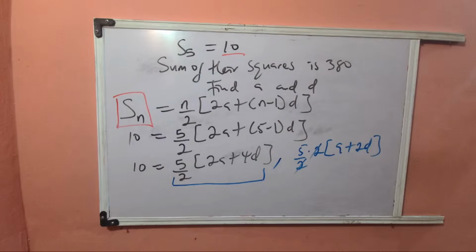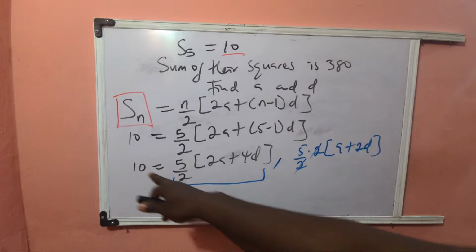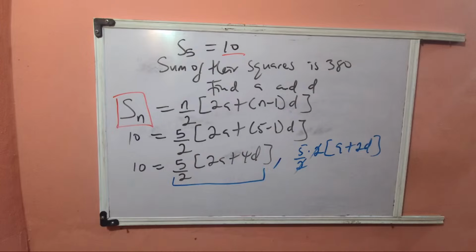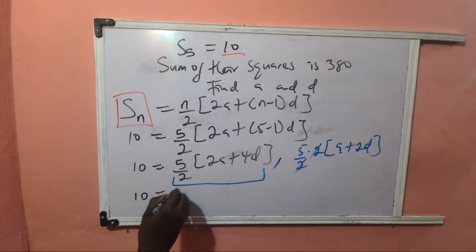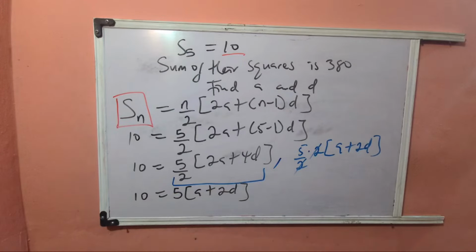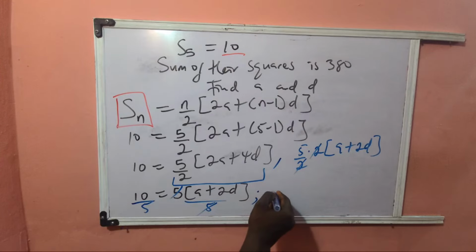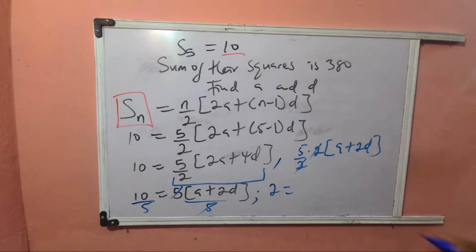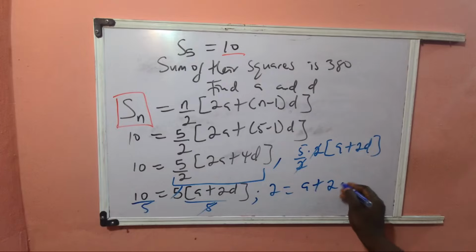So I'm looking at this, and I can see that 10 equals 5 into brackets (a plus 2d). Obviously, we can divide both sides by 5, and then this will cancel this. So our final conclusion will be 2 equals a plus 2d.